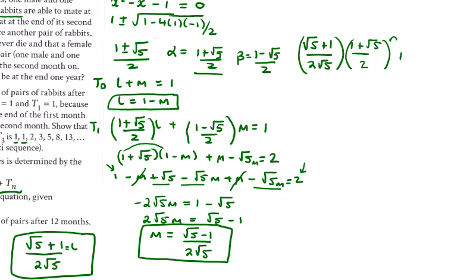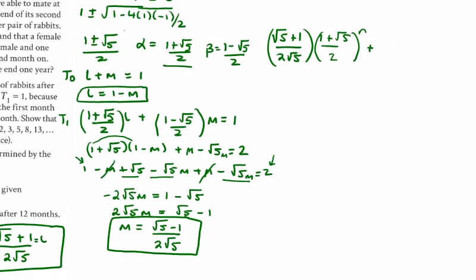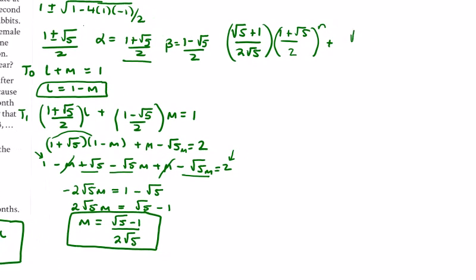And then plus M, which is root 5 minus 1 over 2 root 5, to the power, that's my M times beta, 1 minus root 5 over 2 to the power of n, is equal to Tn.